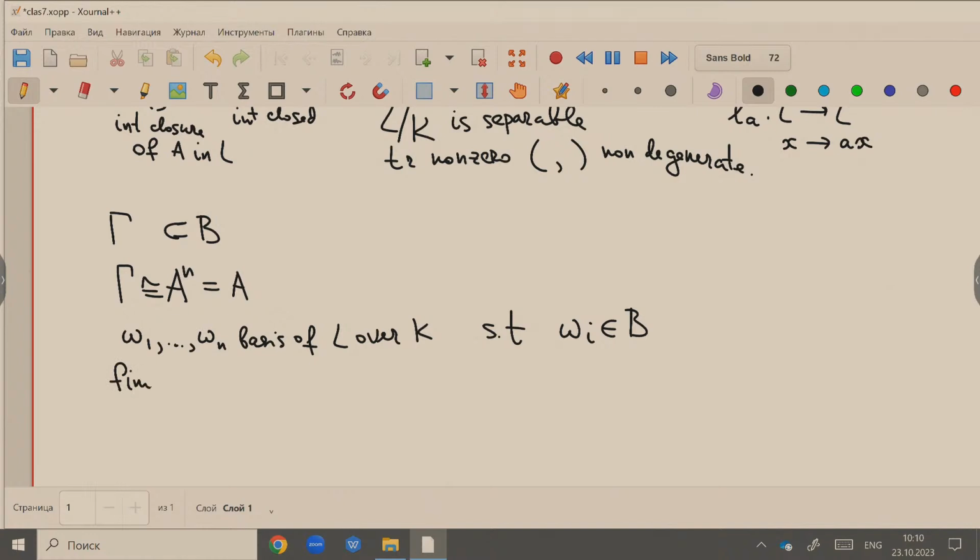Finitely generated A-modules in L are called lattices.